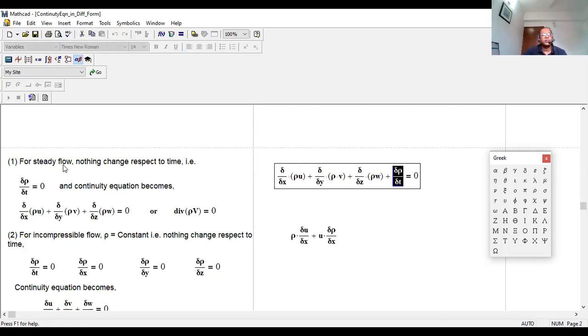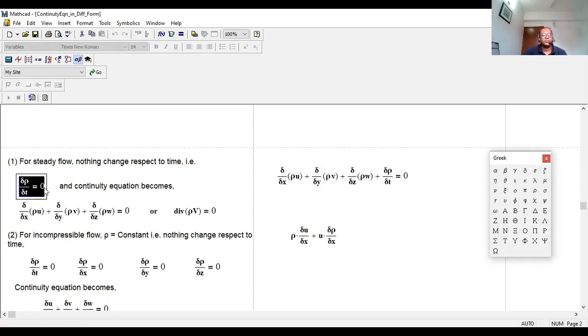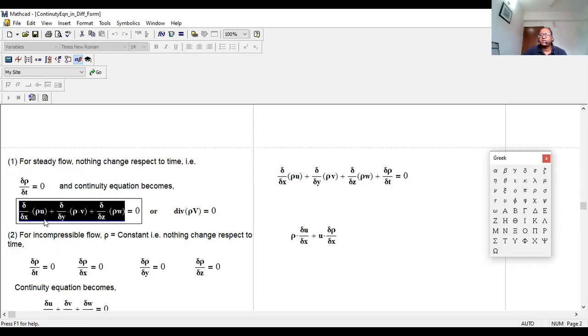So for steady flow, nothing changing with respect to time. So this term will be 0. Then the continuity equation becomes this one. If you like to express it in simplified form, then you can say divergence of rho V equal to 0. This one is called divergence.